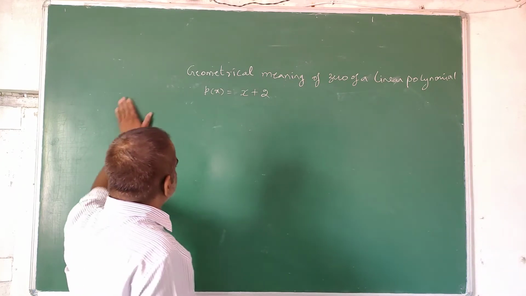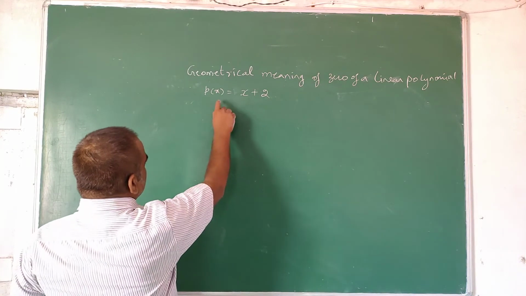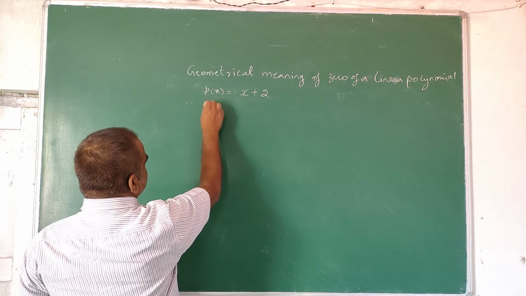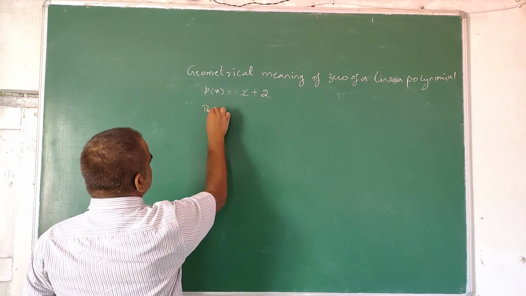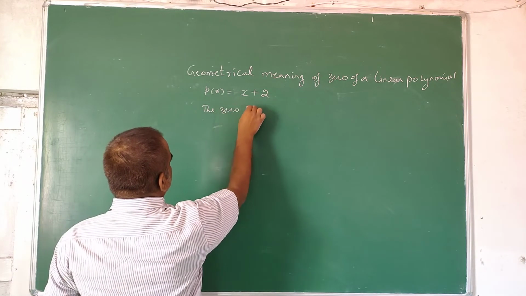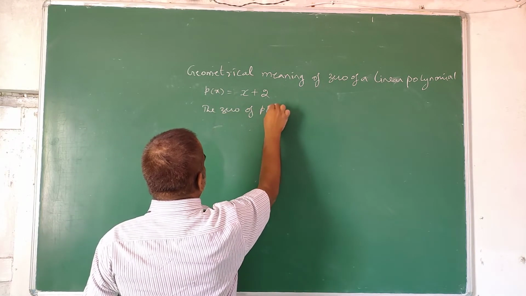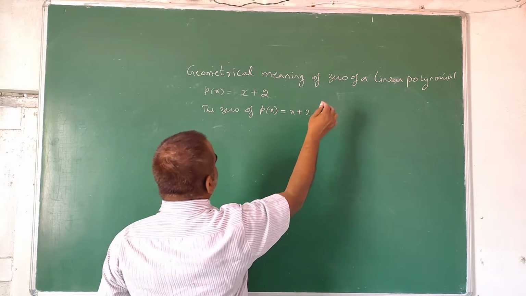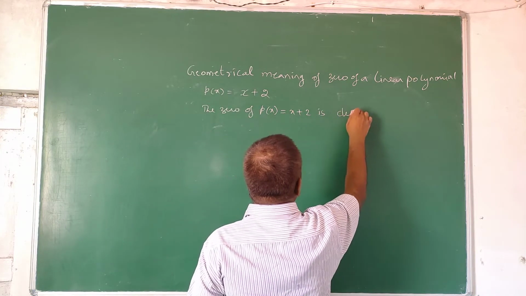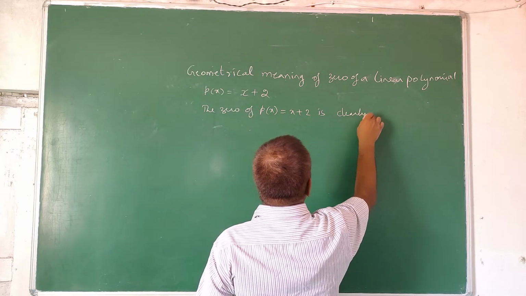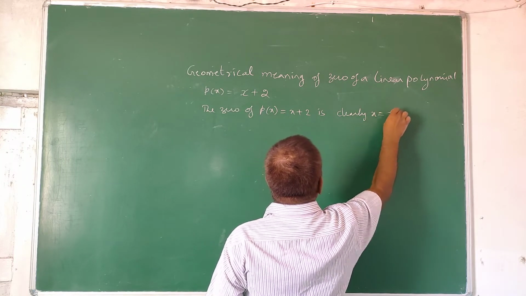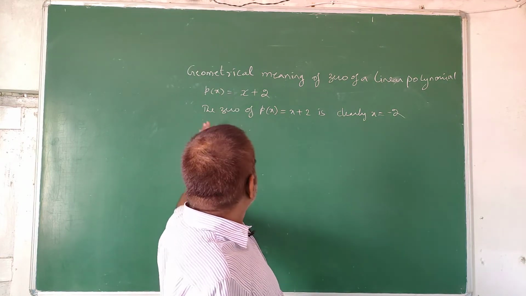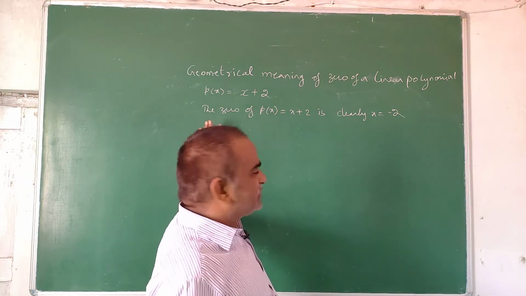So now find out the zero of the polynomial. Here the zero of the polynomial is clearly x is equal to minus 2, because if you replace x with minus 2 then it would be equal to 0.